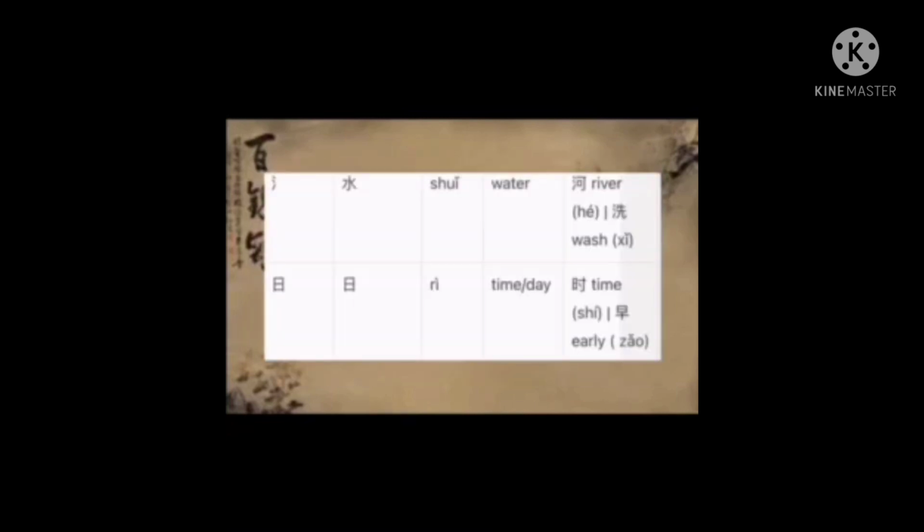Radical, pinyin shui, meaning water. Examples: river, wash. Radical, pinyin ri, meaning time and day. Examples: time, early, zao.